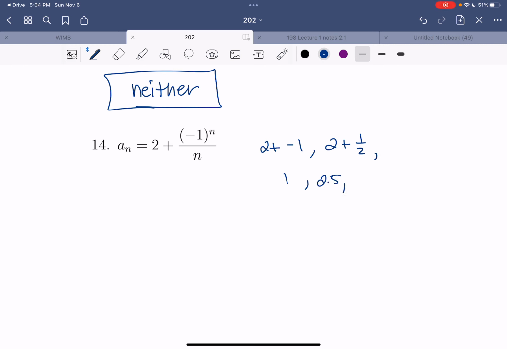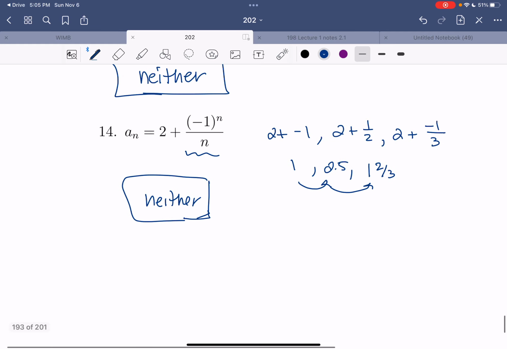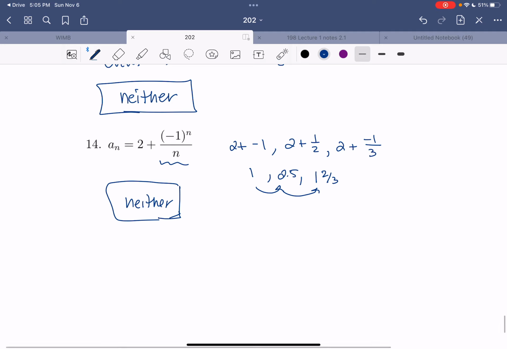When you plug in 3, it's going to be 2 plus negative 1 over 3, and so 2 plus negative 1/3 is going to be less. That's going to be 1 2/3. And so now you can see I'm going up and then I'm going down. So this is also a neither. Typically, when you see the negative 1 to the n, something that's going to change sign, that's typically going to create something that bounces around for you. It goes up and then down and up and then down.